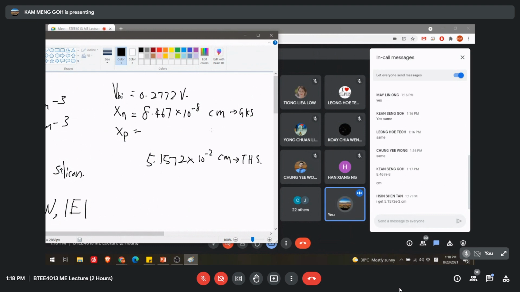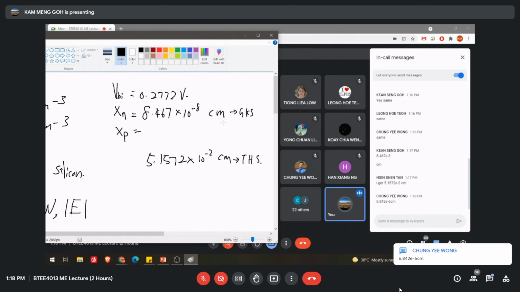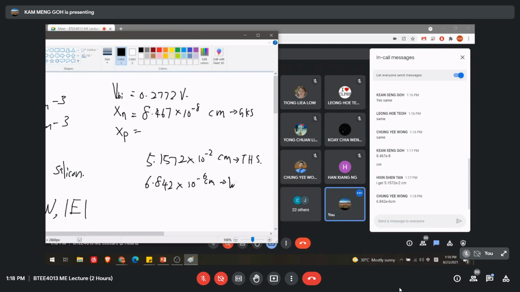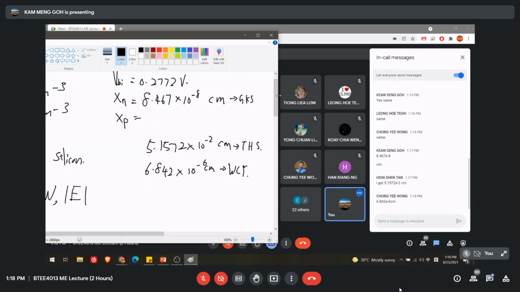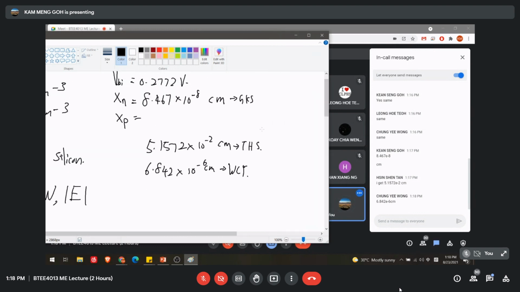What about the rest of you? You get the Go Cancel one or the Tan Xinsheng one? Okay, Wong Chung Yi gets a different answer, 42 times 10 to the power -6 cm. Okay, let's see which one you get. How many of you get this?